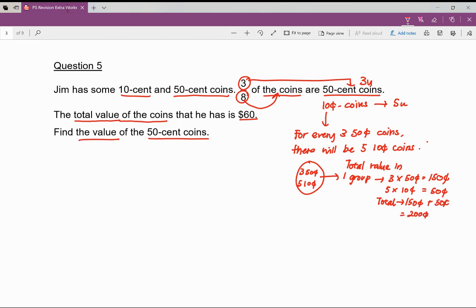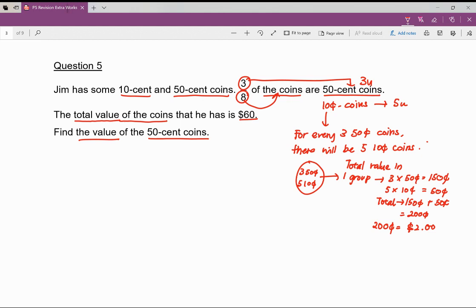Now, class, take note that Miss Lim doesn't change the conversion in the middle part. I don't say, oh, times 50 cents goes to how many dollars. Don't do that because you will confuse yourself. So after I get 200 cents, then I convert at the next step, which is 200 cents goes to $2. Okay?